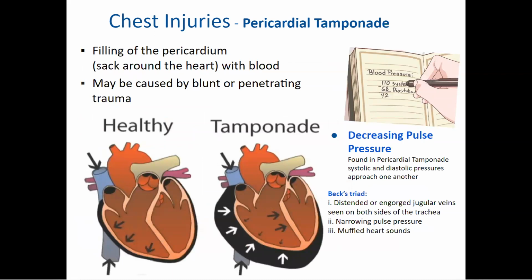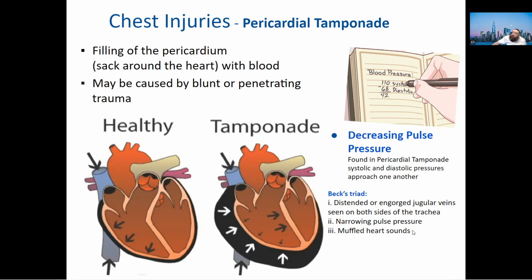How can you tell? So on examination, you will see that the patient will have no lung sounds on one side, and your job is to stop the air from getting inside and to put the occlusive dressing.